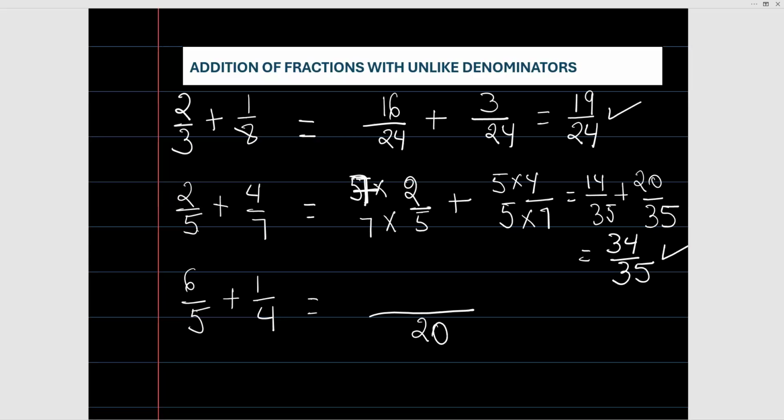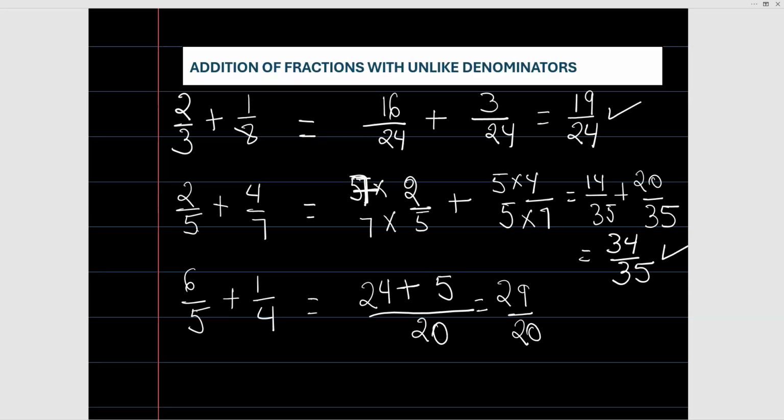So from here, I'm going to do 20 divided by 5. It gives me 4. 4 times 6, it gives me 24. I got 20 divided by 4, it gives me 5. 5 times 1, it gives me 5. So when I add that, I have 29 over 20.